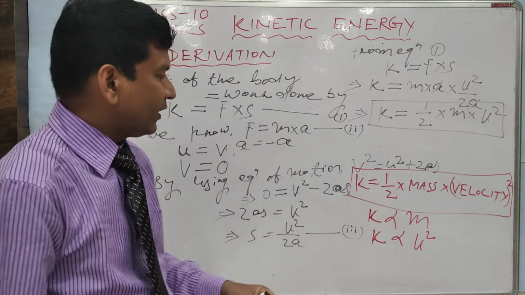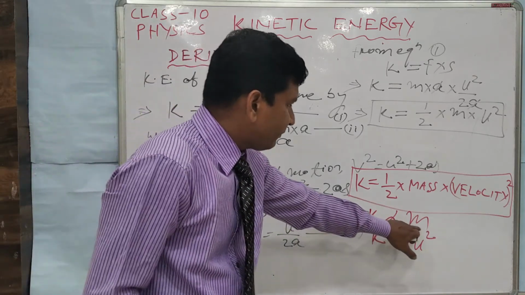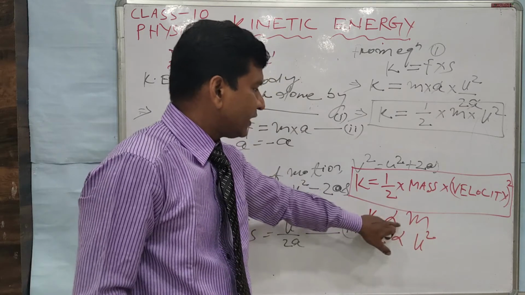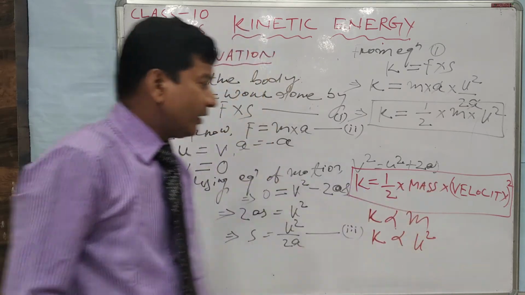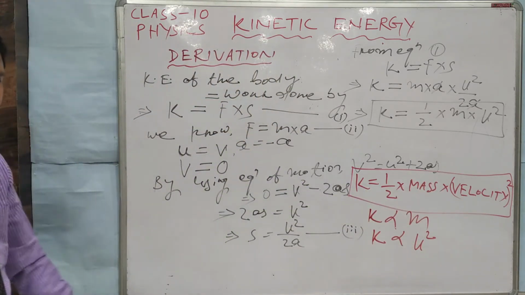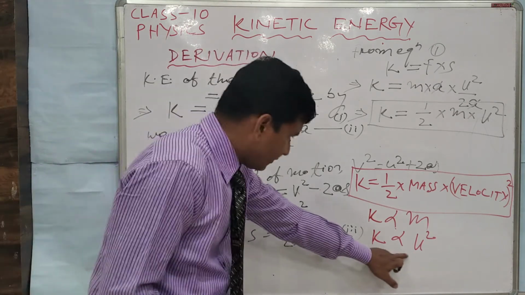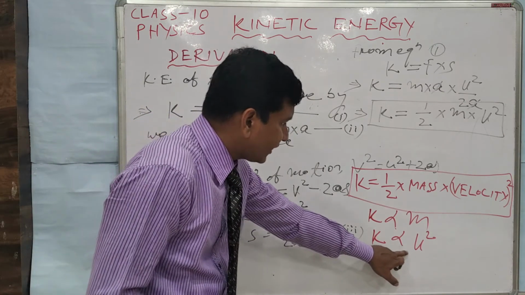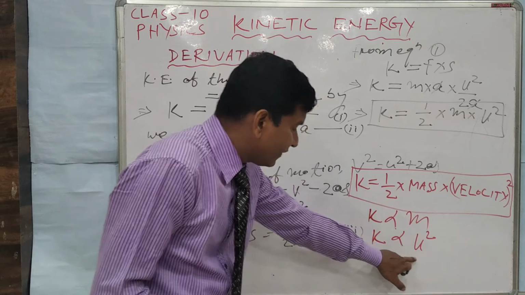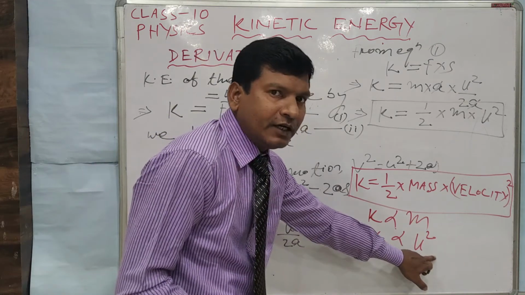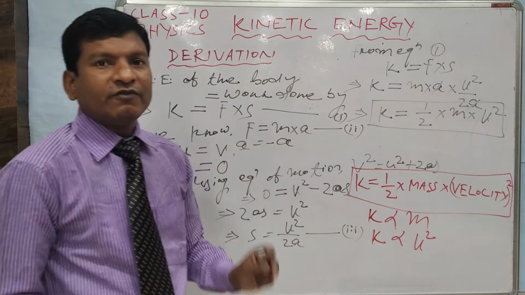It will not be double. Here k is directly proportional to mass, which means that if the mass of the body is double, then the kinetic energy of the body is double. But in this equation, since kinetic energy is directly proportional to v square, when the velocity of the body becomes double, kinetic energy becomes 4 times.